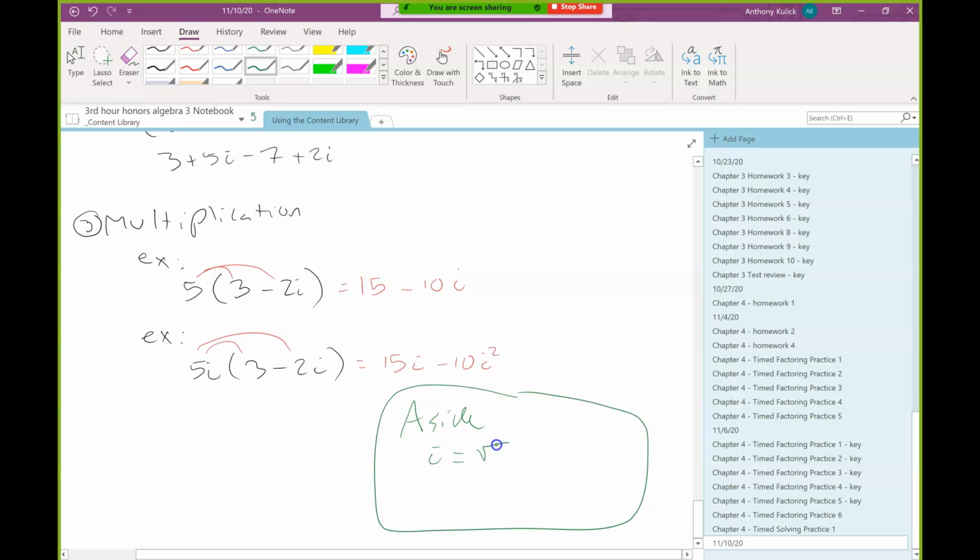Everybody agree with that? If I square both sides of i equals the square root of -1, the squared cancels the square root, and we're just left with the -1. So this just will turn into a -1. So -10 times -1 is +10, and then still plus 15i. We okay there?